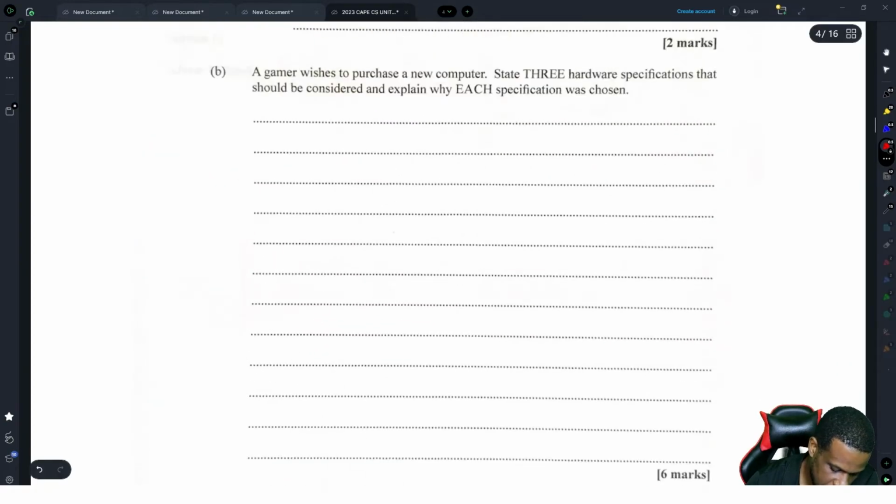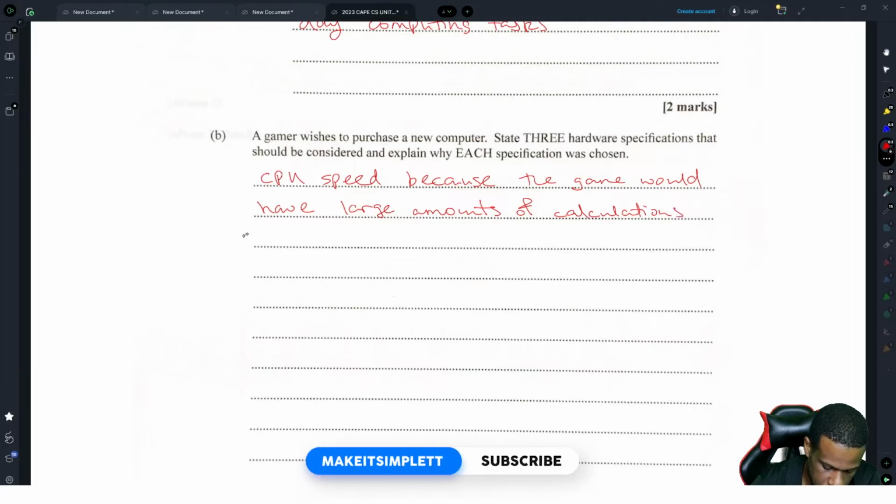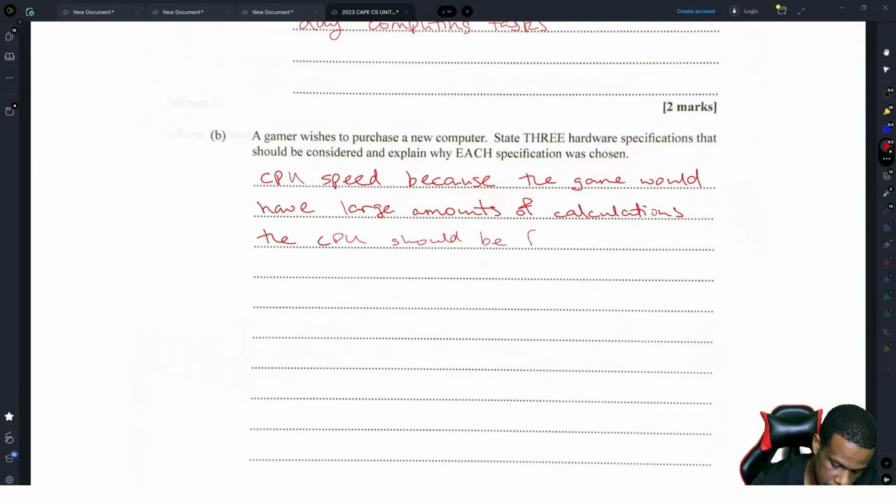Nice. Let's go with CPU speed. Because the game would have large amounts of calculations, the CPU should be fast enough, or else the game would stick.